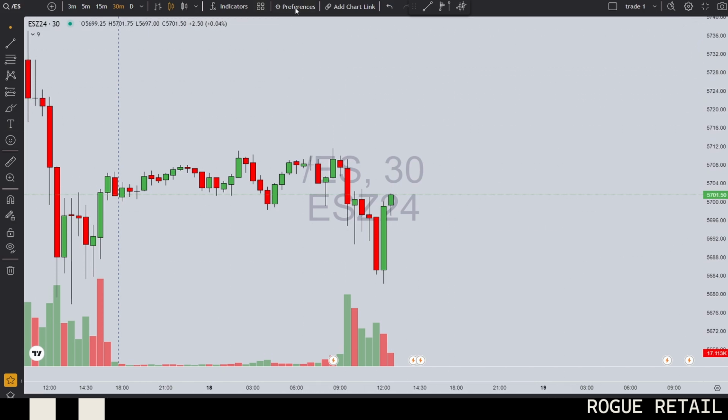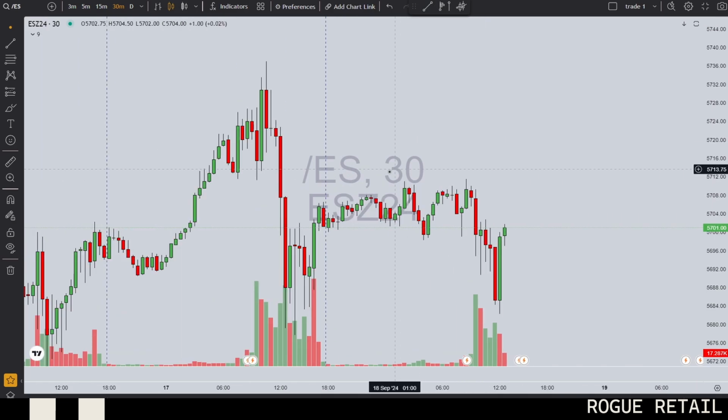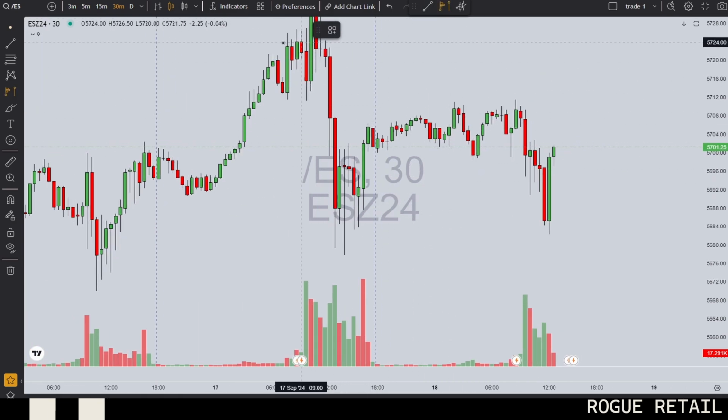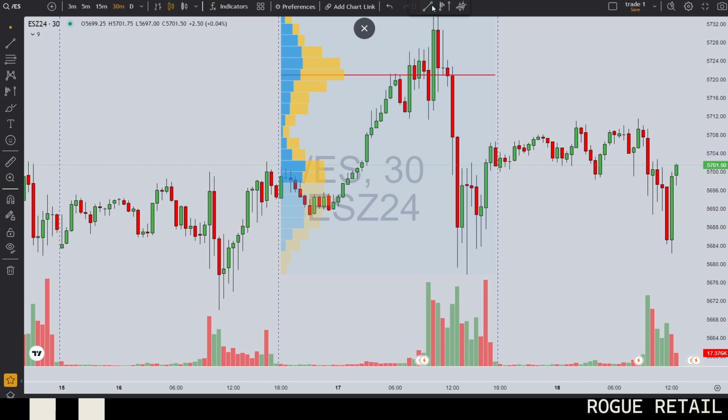The further we go, we have our preferences. We can add links to charts. We can have a quick toolbox up here, which is what I have. So this is my trend line. I also like to use fixed range volume, so I'll go ahead and utilize that tool quite often inside of my trading day, essentially to give me information that I am looking for.